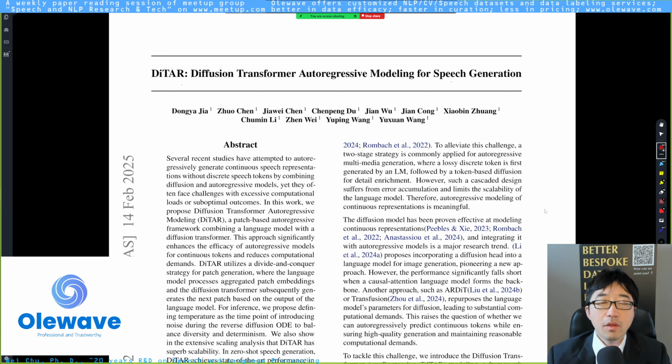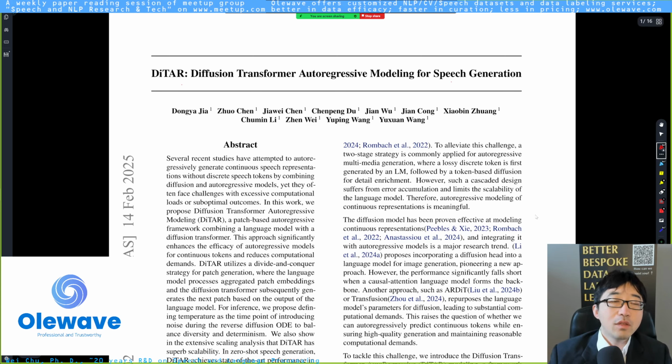It's like a technical report, but everybody is interested in the core technology it has, because the paper didn't say much about the network architecture and what led them to adopt the full diffusion, non-cascaded system, which is the full diffusion transformer autoregressive modeling.